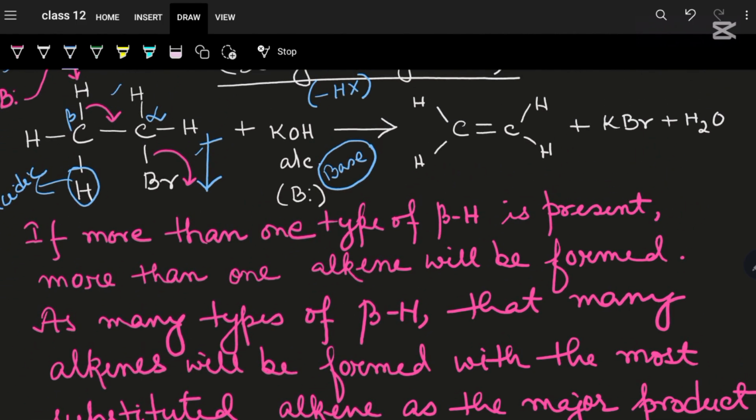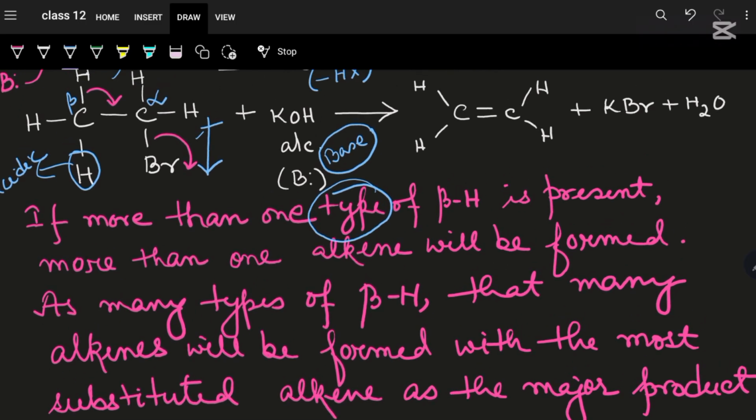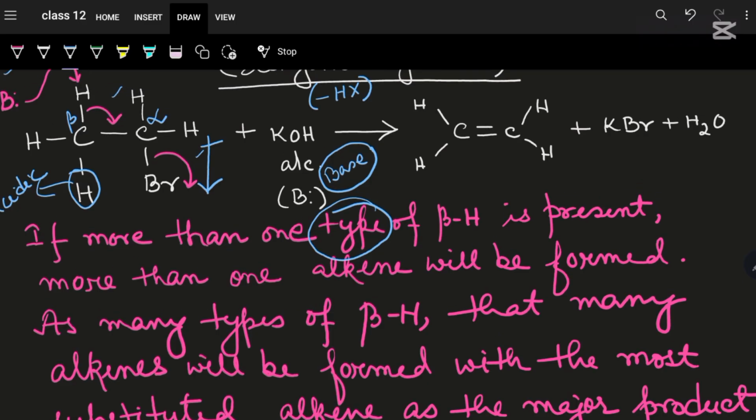Now keep in mind that if I have more than one type of beta hydrogen, then more than one alkene will be formed. So how do I know how many alkenes will be formed? Simply see how many types of beta hydrogen are there.